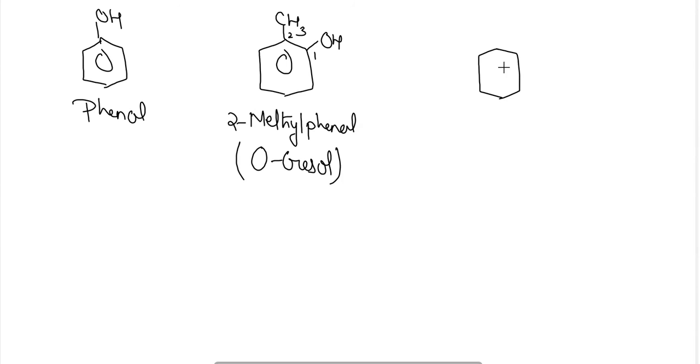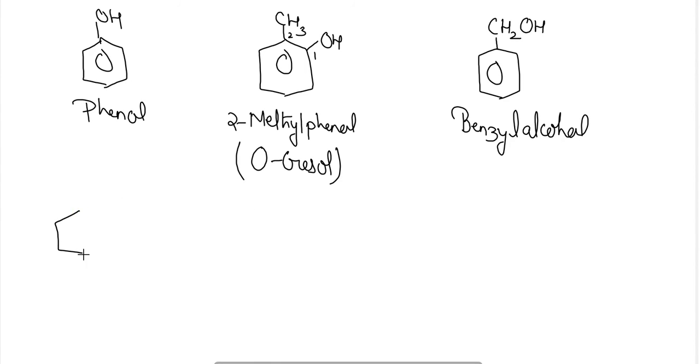If the alcohol group is attached to the chain, then the phenyl ring will be taken as the substituent here, and the name of this compound will become benzyl alcohol. Okay.